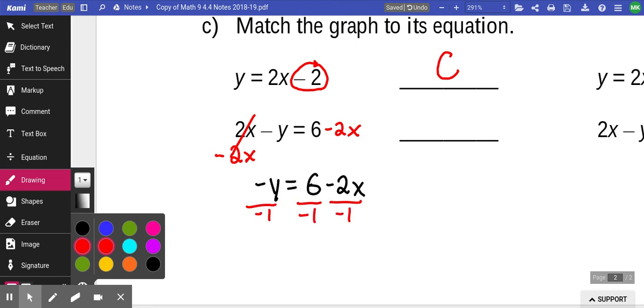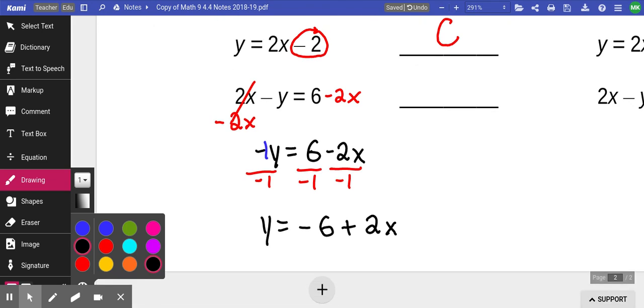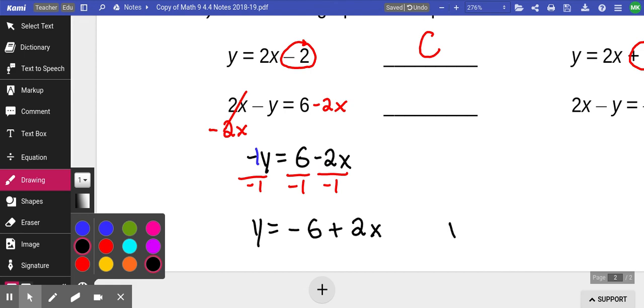That's an invisible -1 in front of that y. That gives me y equals -6 plus 2x. If you want, you could rearrange that so that it looked like this format, y equals 2x minus 6.